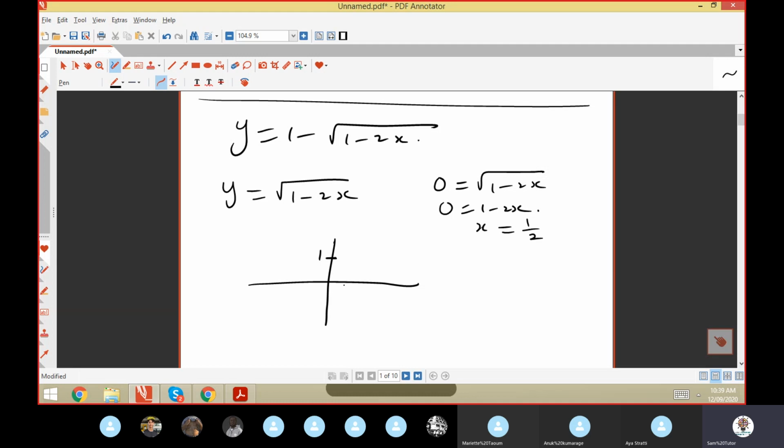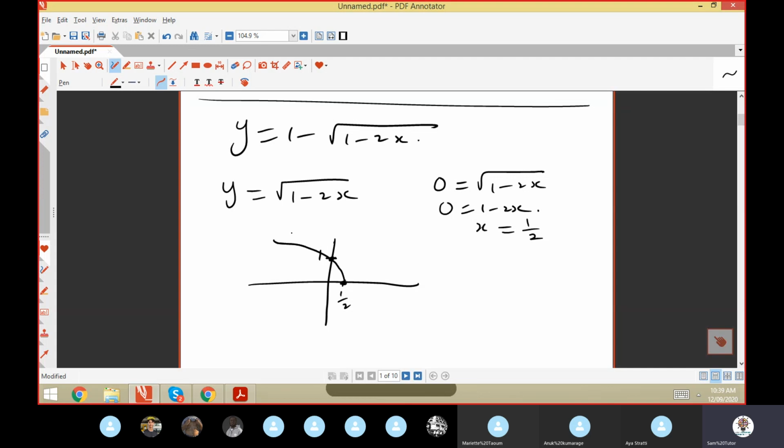When y is 0, x equals a half. Oh, maybe our graph was wrong. Oh, but we're negative. Hold on. That's just the original.